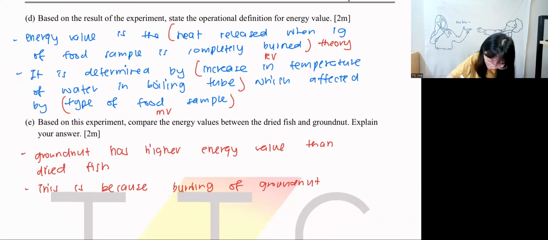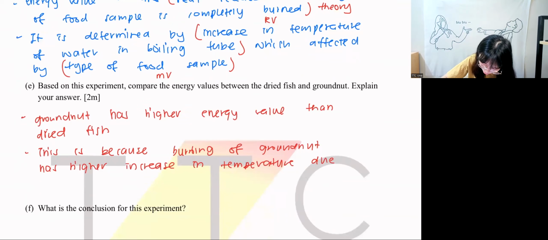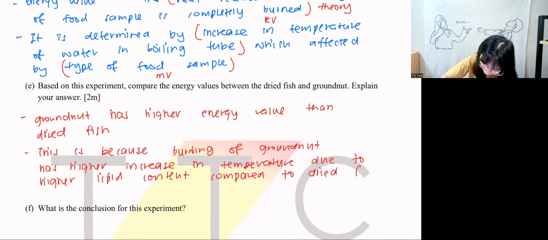Now, burning of groundnut has higher increase in temperature due to higher lipid content compared to dry fish. It produces a bigger flame when burned.